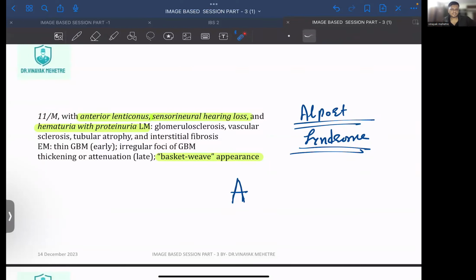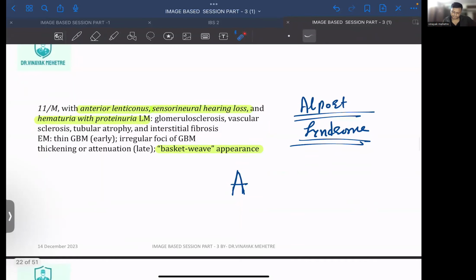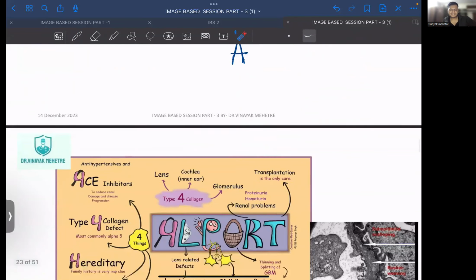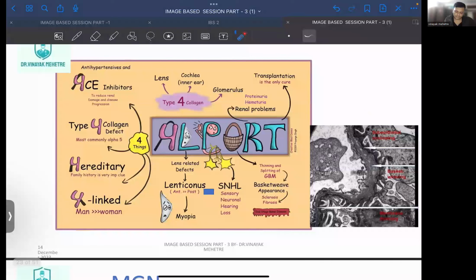Type 4 collagen defect. Should I draw again? Okay, understood, type 4 collagen defect. So what we are going to see is anterior lenticonus, an outpouching of the eye, and sensory neural hearing loss.